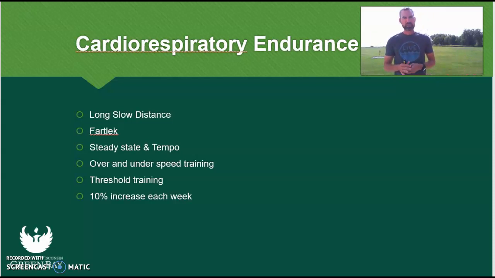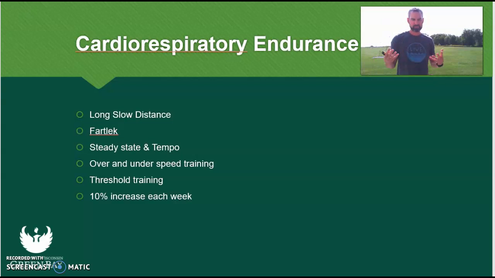Under speed training would be running up hills or running with a parachute or resistance bands. Over speed training would be running down hills or running with bands pulling you. Threshold training is right around that lactic acid threshold.